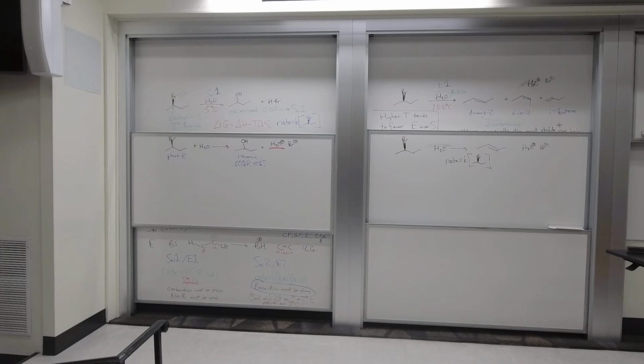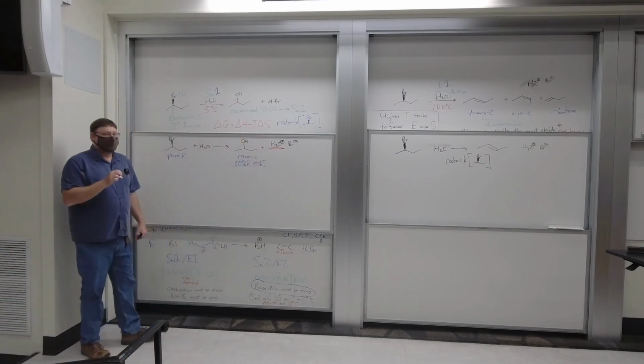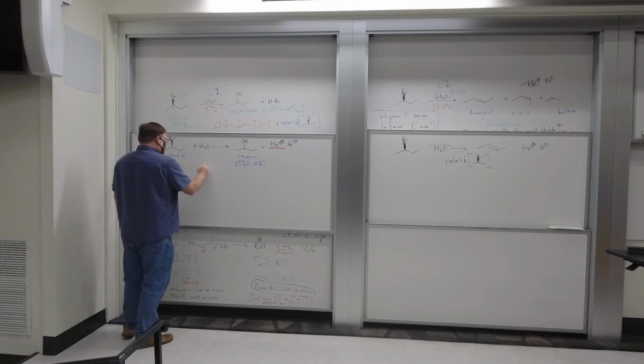You're never going to have a reaction that's got OH minus in it and H3O plus in it. Similarly, you're never going to have a reaction that's got any strong base and a really strong acid in the same mixture. If you do, they just neutralize each other. All right, so the fact that we get H3O plus out of this, or HBr, means we don't have hydroxide. So a lot of people are going to want to do this, right?